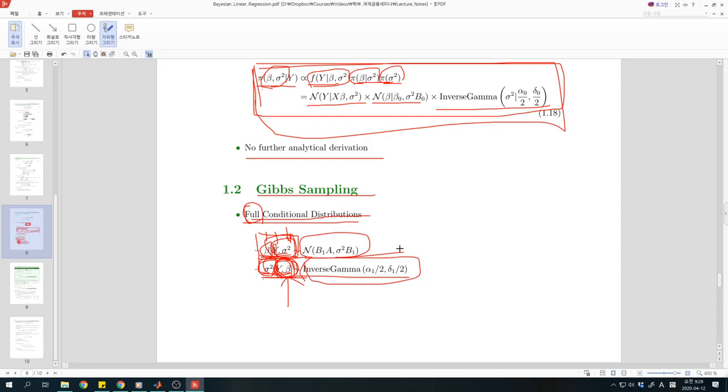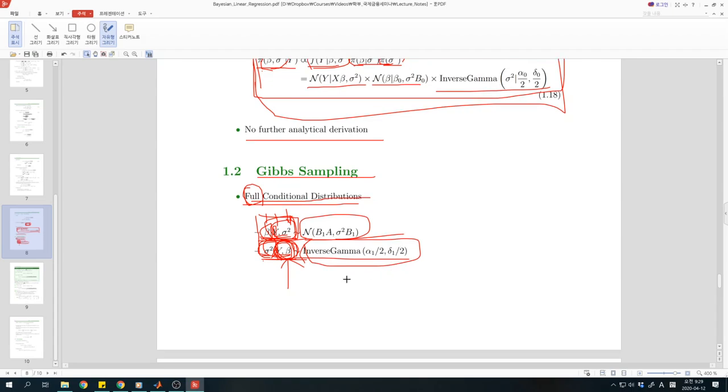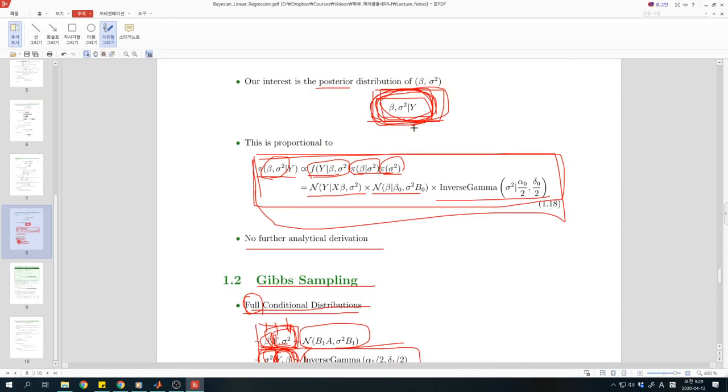Then we can repeat the sampling of beta and sigma square many times. Finally we will have many samples for beta and sigma square, and it turns out that those samples are actually samples from the posterior distribution.